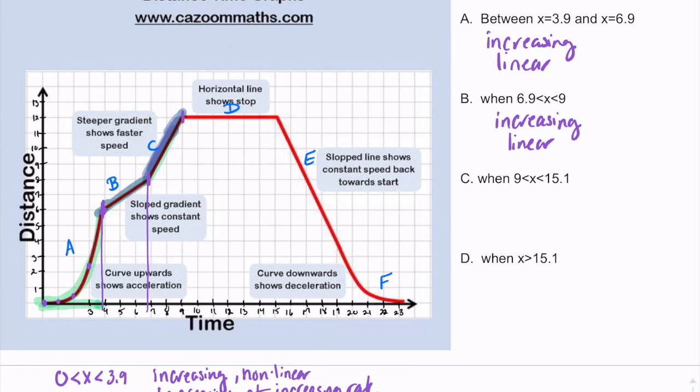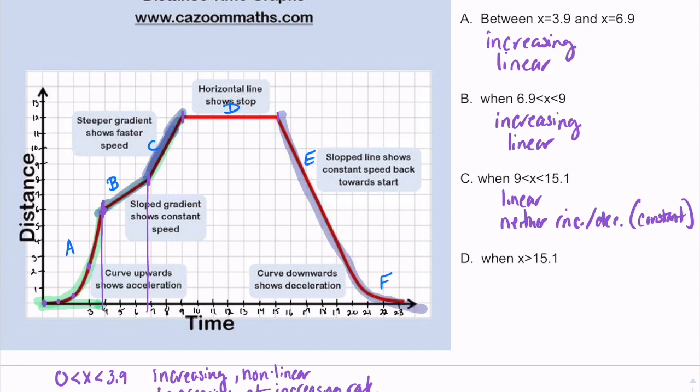So if we were answering C, between x is equal to 9 and 15.1, here's 15.1, so this part, it is linear, it's a straight line, but it's neither increasing or decreasing, because at that point that value is constant, okay? And then I want us to look at this next part.